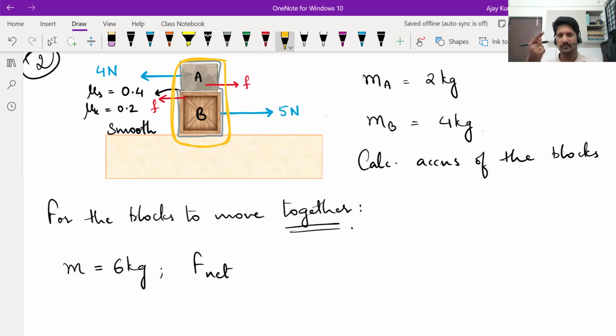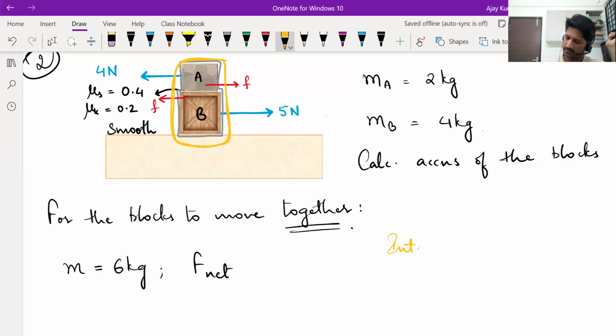The friction exerted by B on A is also an internal force. They are an action-reaction pair. What is the resultant of those two frictions? 0. On A, friction shows effect separately. On B, friction shows effect separately. But if you take A and B together, friction becomes an internal force. You don't have to consider it for the net force. So remember this point, all of you.